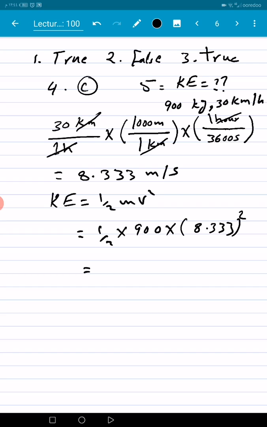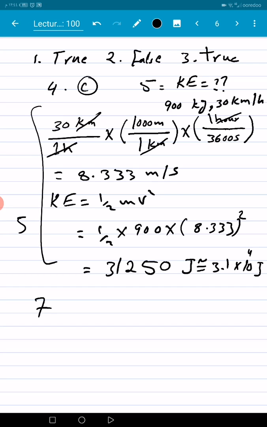By using the calculator, it is 31,250 joules, or it's equal to 3.1 multiplied by 10 to the power of something joules. That is number 5.